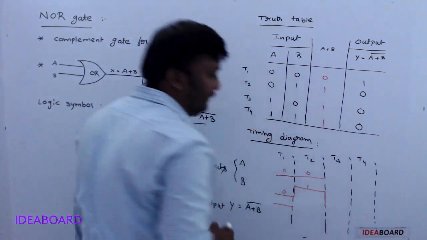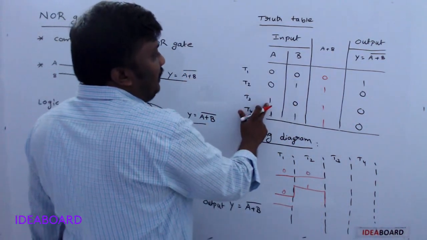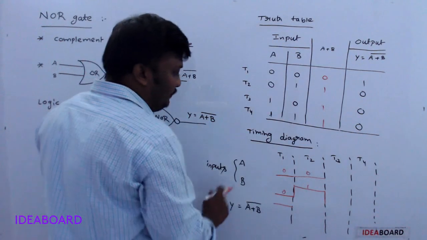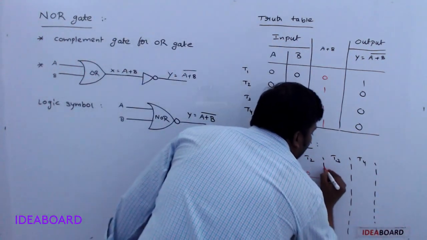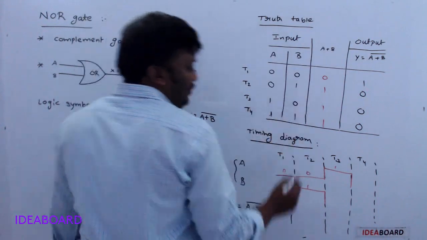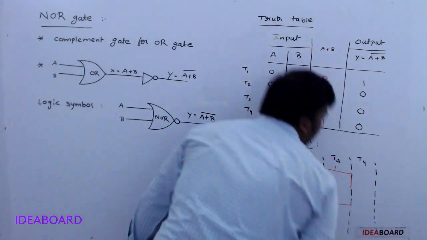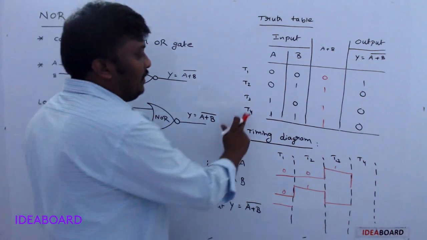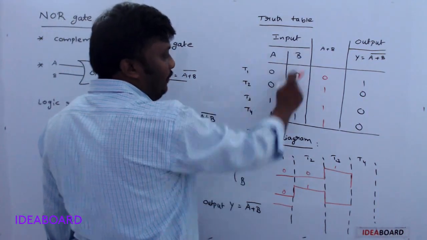Third one, A is 1, B is 0. A is 1 means it has higher value. B is 0, 0 means lower value. Understand?